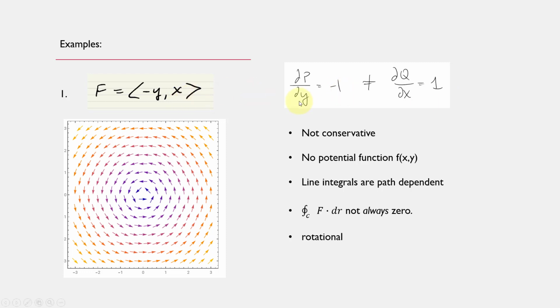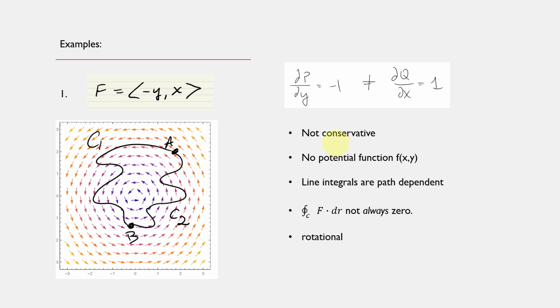Because these are not equal, that implies there is no potential function from which you could get the gradient equal to this vector field. So this is not a conservative vector field. It doesn't have a potential function to generate it. And a consequence of that is if it's a non-conservative vector field, then line integrals through the vector field will be path dependent. So you could start and end at arbitrary points and get different answers with different paths.